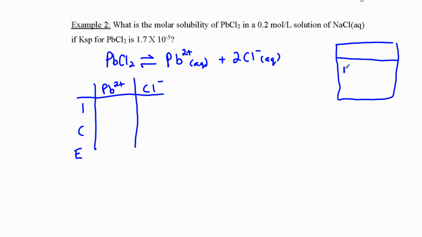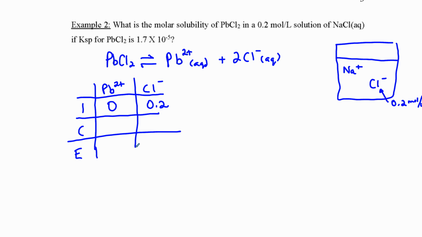So you've got sodium and chloride, and because it is a 1-to-1 ratio, if the concentration of sodium chloride is 0.2, then so is the chloride ion. So when we fill in our ice table, we've got no concentration to start with for the lead, and we've got a 0.2 mole per liter concentration for the chloride. Sorry, I was getting myself confused there. It's the dissociation of PbCl2 that does not have a 1-to-1 ratio, but that factors into the KSP shortly.